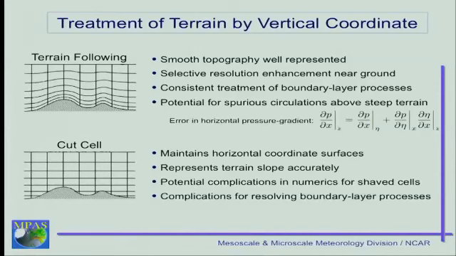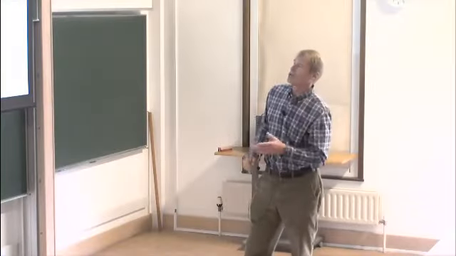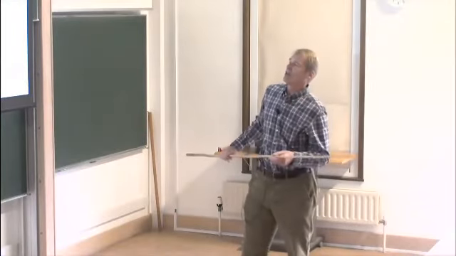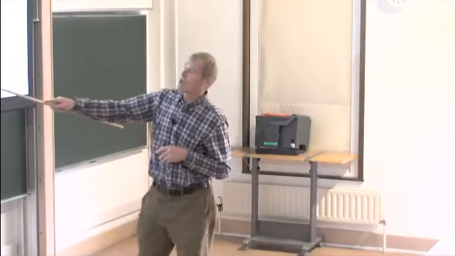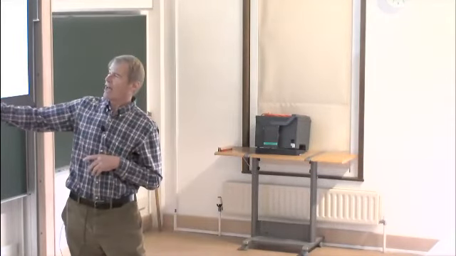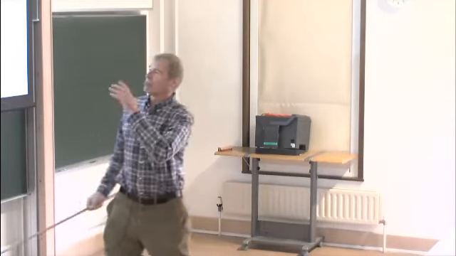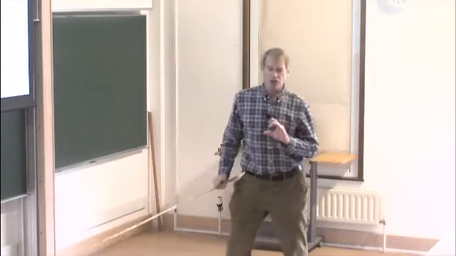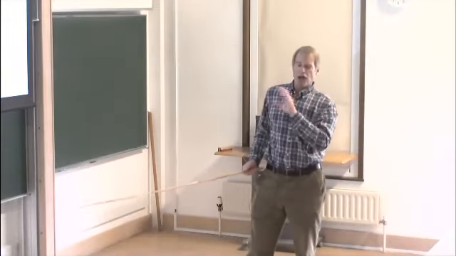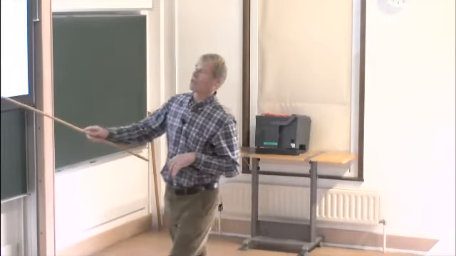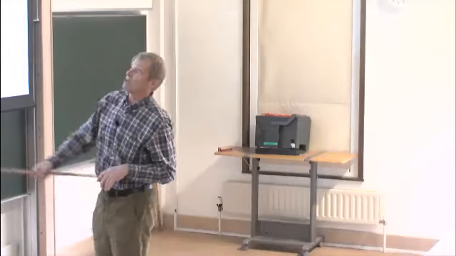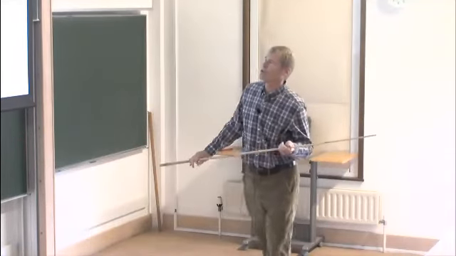An alternative then is the cut cell approach, where the coordinate surfaces remain horizontal. One can still represent the terrain accurately by appropriately taking into account the proper shape of these cells that are being cut by the intersections with the terrain.